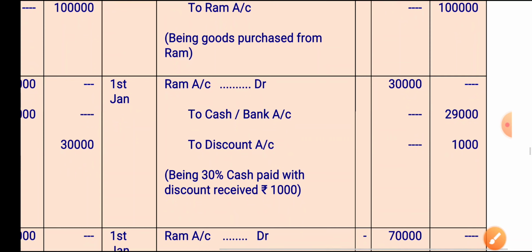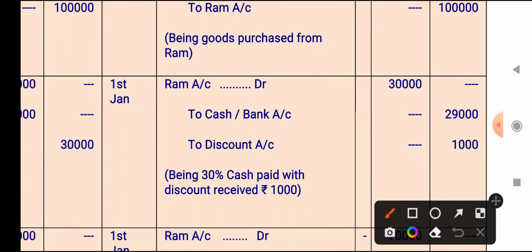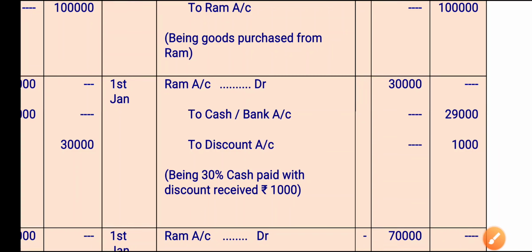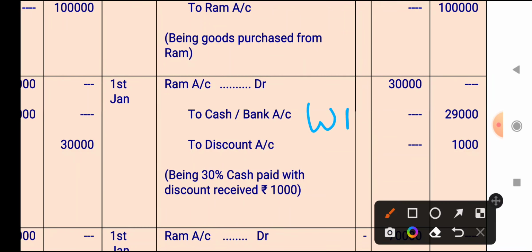On the same date Beam is paying cash to Ram, 30% cash paid and discount received 1000. So 1 lakh into 30% is 30,000. So Ram account should be debited with 30,000, and discount is 1000 rupees, so 29,000 will be the cash amount, that we did in working note 1 also.